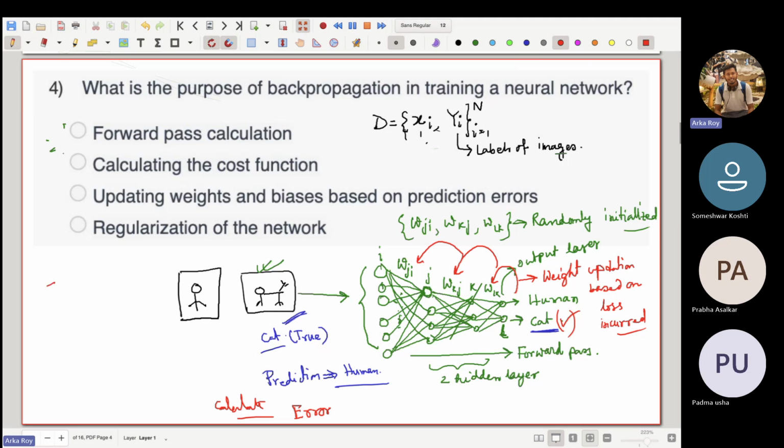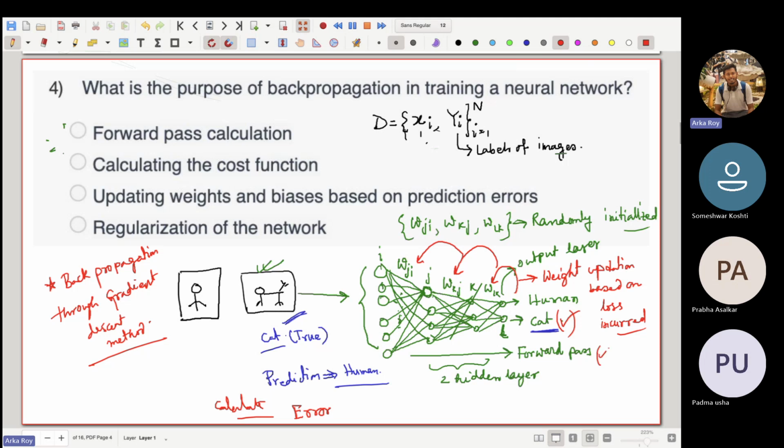And how do you do the weight updation? That is using backpropagation with the gradient descent method.